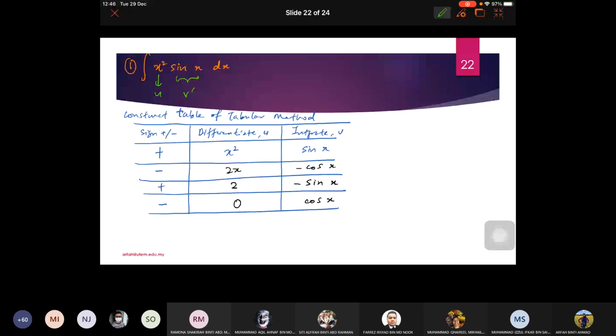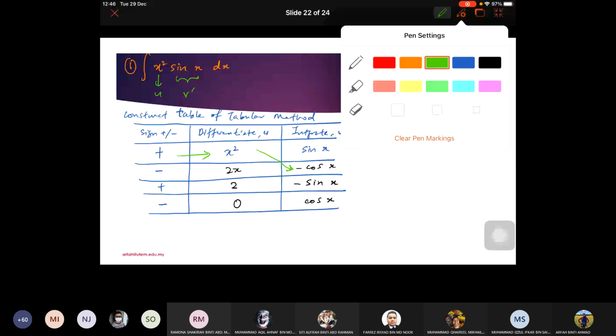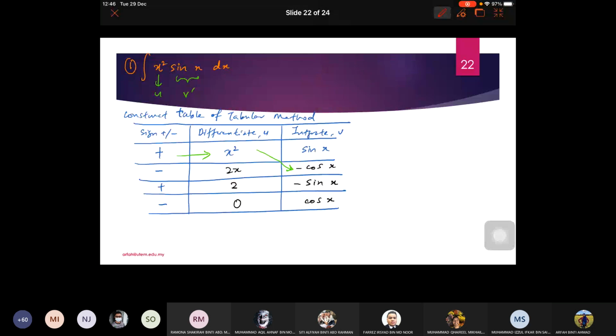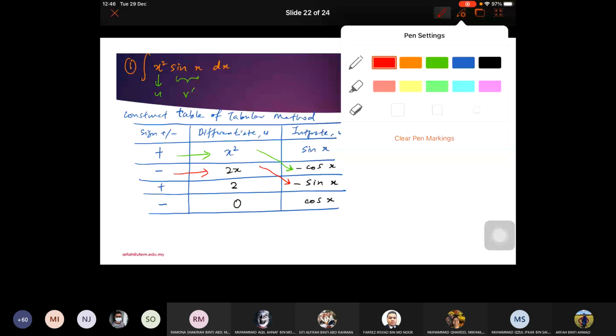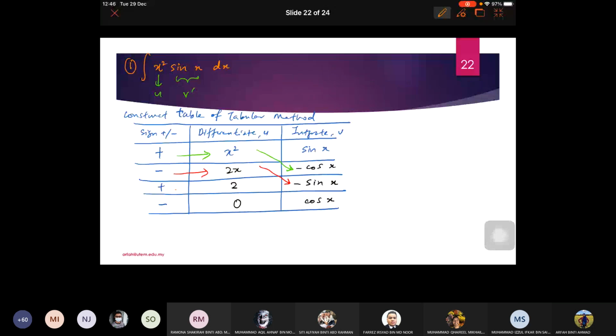Yang hijau darabkan dengan sini, darabkan dengan yang ke bawah dia. And then merah darabkan dengan yang ini, darabkan dengan yang bawah. And then lagi satu, darabkan dengan yang ini, darabkan dekat yang bawah. Okay. So, itu dia punya integration.